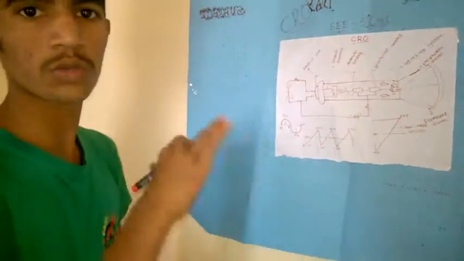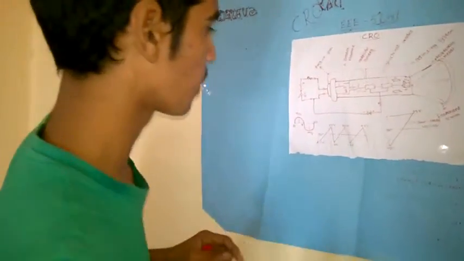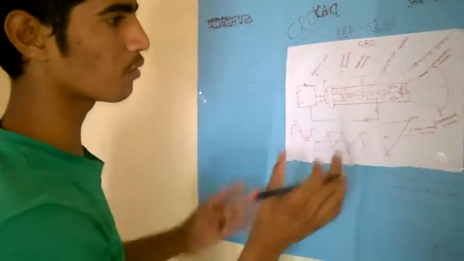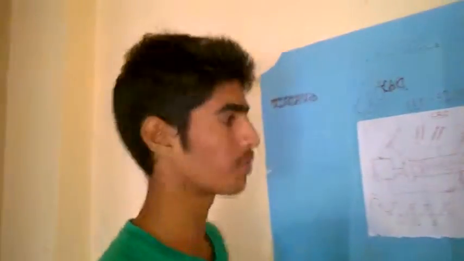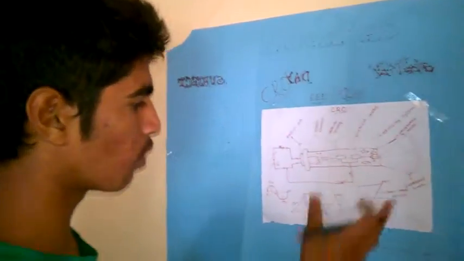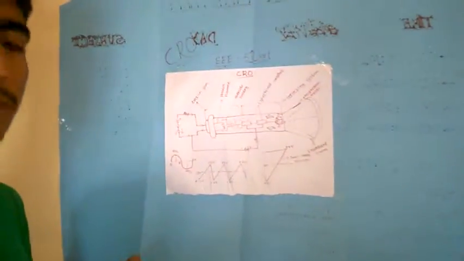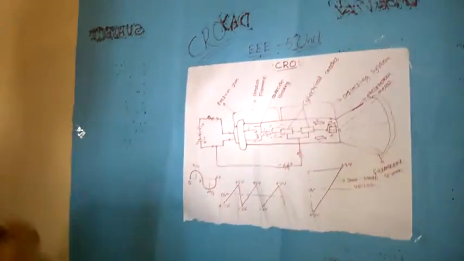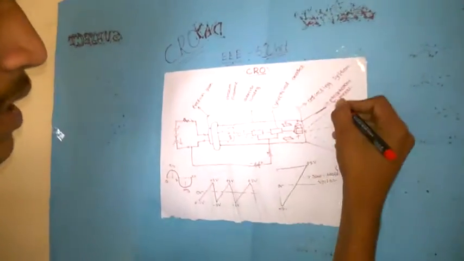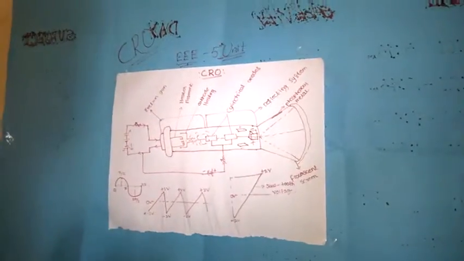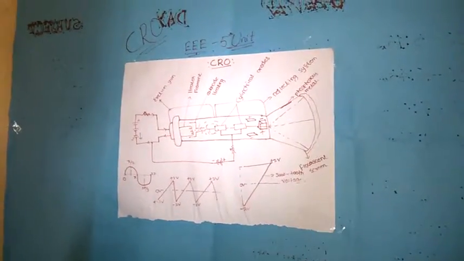The sine wave helps to view the image very clearly, and we fix a certain voltage to the cathode ray oscilloscope: 1 kilohertz frequency, and some 2 volts we are fixing. 1 kilohertz frequency will cover 1 millisecond. That is, in 1 millisecond one complete positive and negative half cycle will complete on the screen. Then only we will view the clear image.